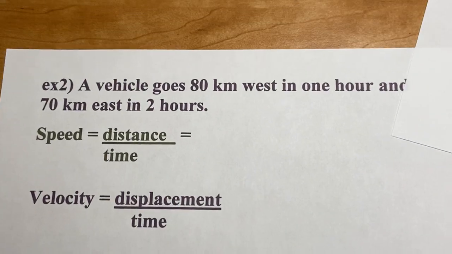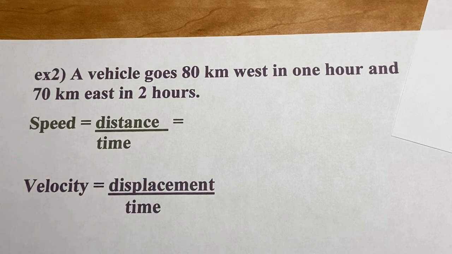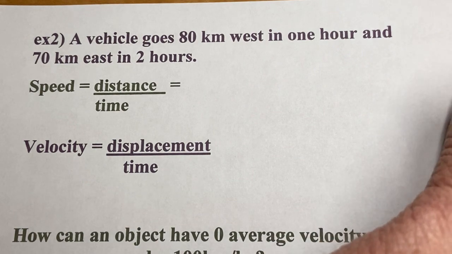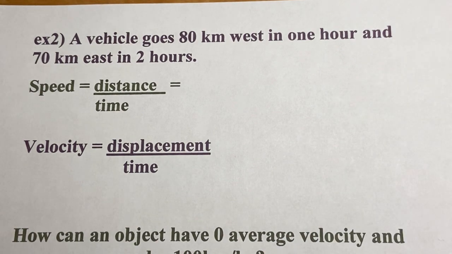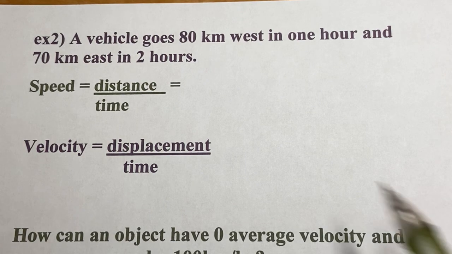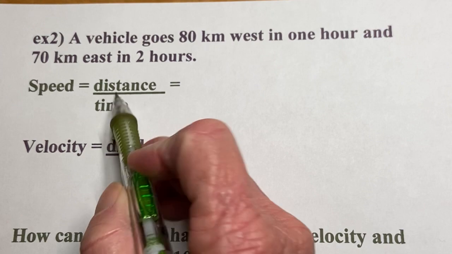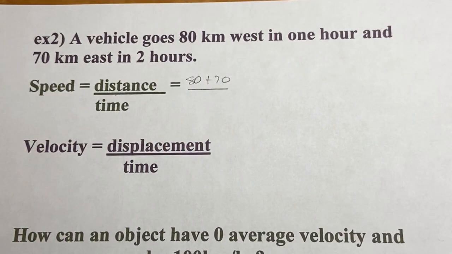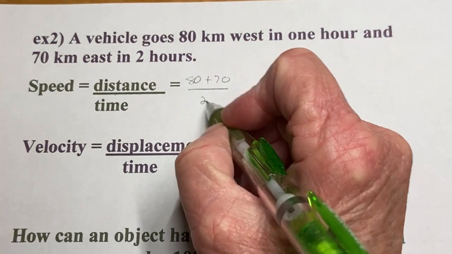Let's go to the next page. So let's look at a second example. So now I have a vehicle. It's going to go 80 kilometers west. Notice I added some directions, and it takes 1 hour, and then turns around and goes 70 kilometers in 2 hours. So if we're going to do speed, that's distance over time. Well, the distance, I don't care about direction, so I have 80 plus 70, and the time is 3 hours.